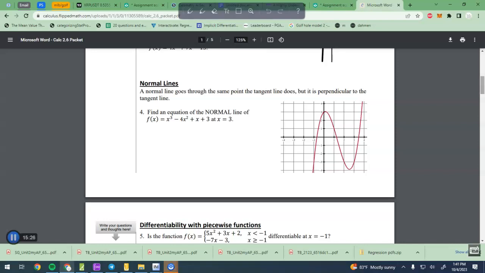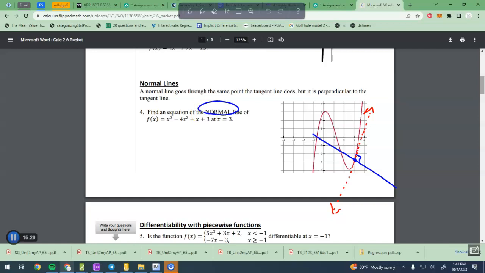Okay. So at x equals 3, which is around there, we have gone through finding the tangent line. So that's the tangent line, right? And that's what we've done. The normal line is perpendicular to that. So we'll go through the same point, like a right angle there. That's the equation we're looking for here.